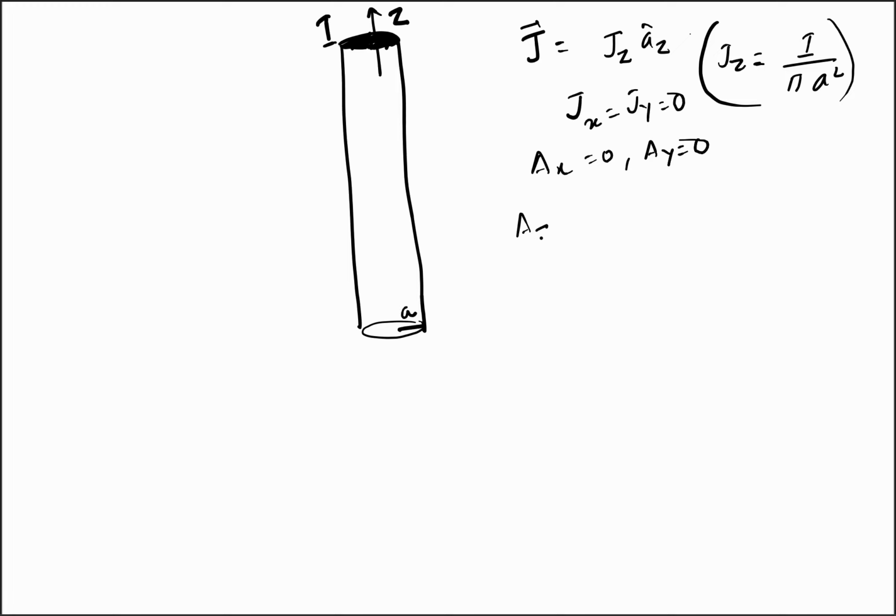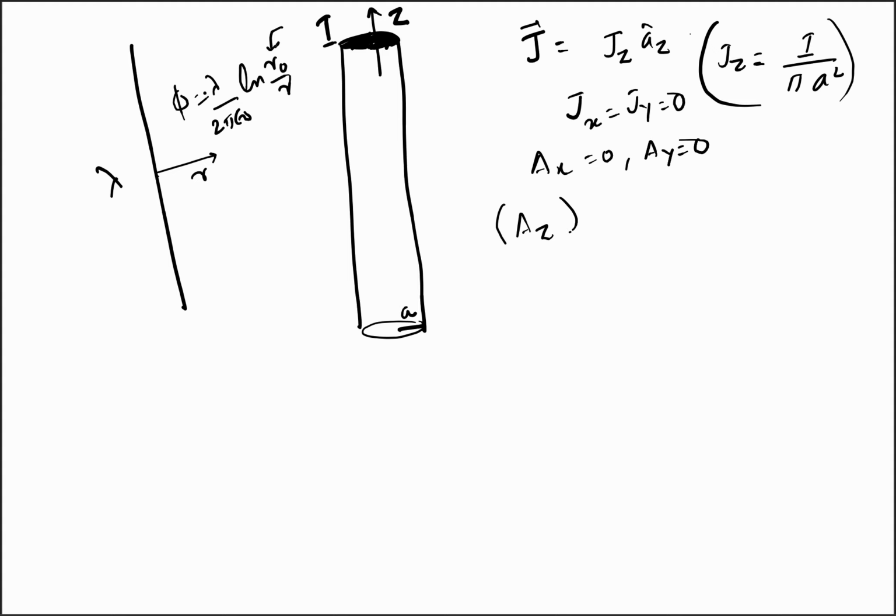Only Az component will be there, and Az could be found out because we know Jz by simply comparing with the counterpart, which is the scalar potential. Now for a line charge lambda, you know that the scalar potential at a point r from the line charge is given as phi is equal to lambda by 2 pi epsilon naught natural log r naught by r, where r naught is some reference point which is very far away.